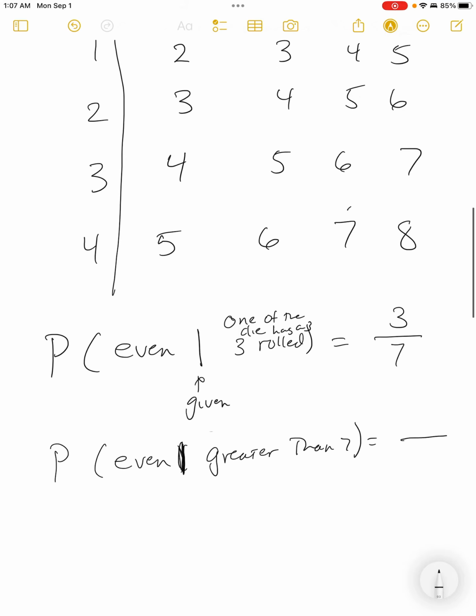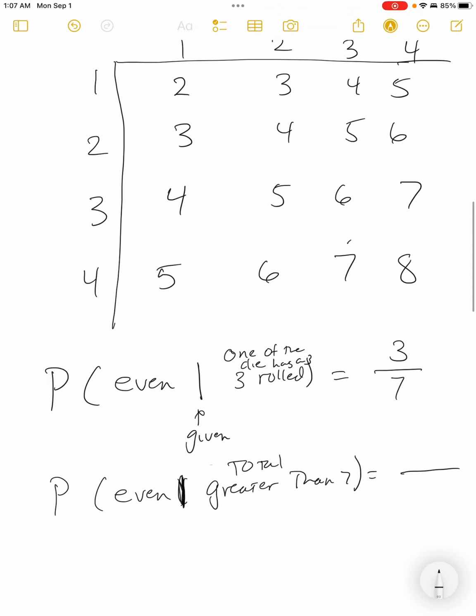Okay, probability that's even given that, let me make this a little bit more clear, given that the total is greater than 7. All right, cool.